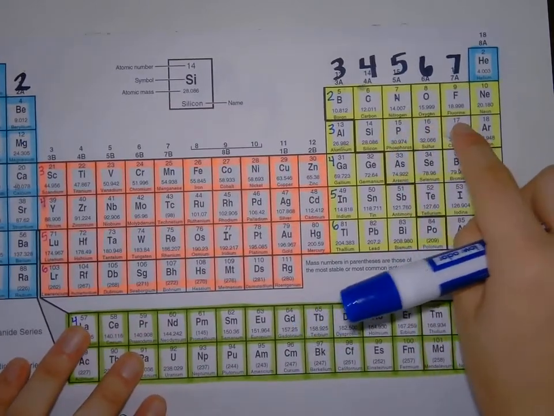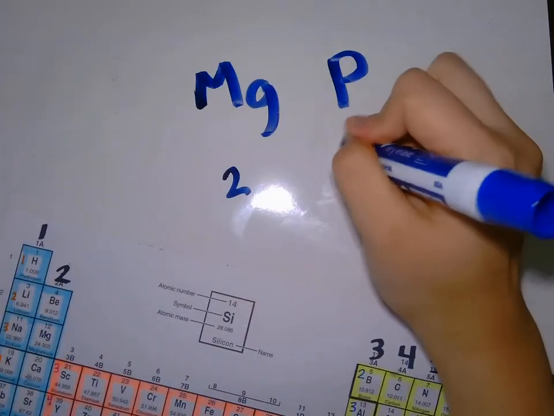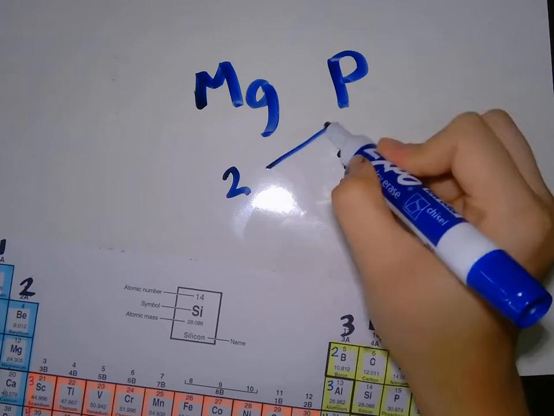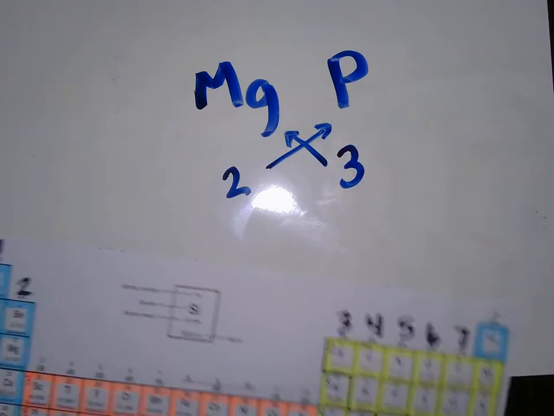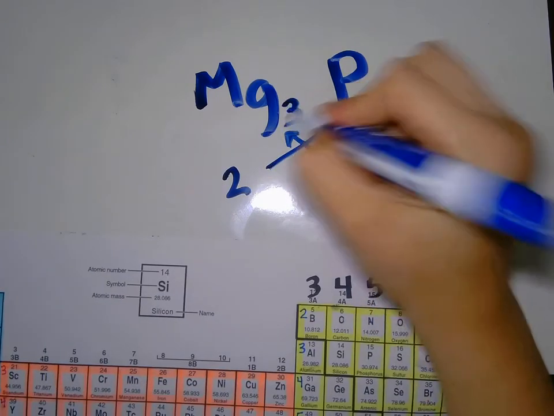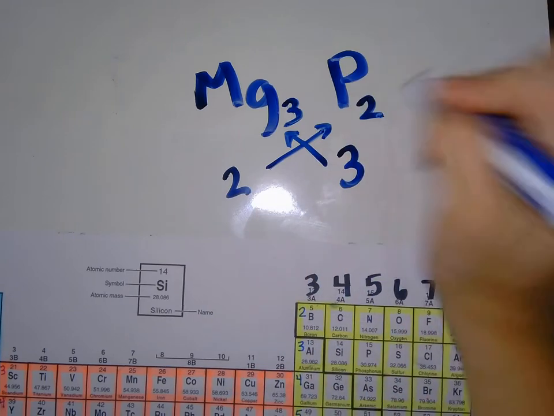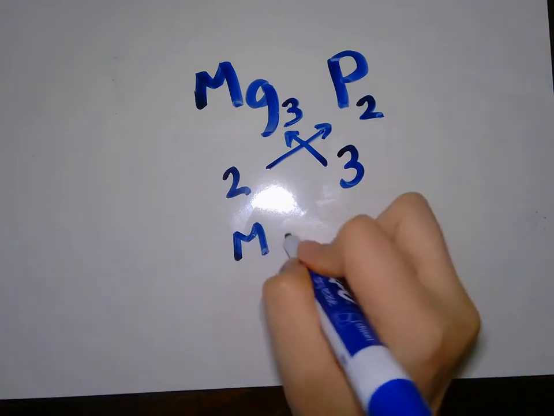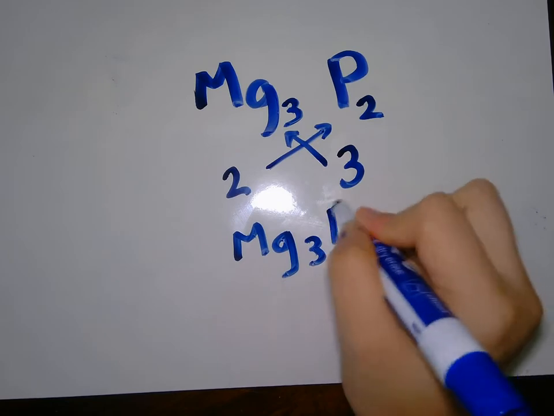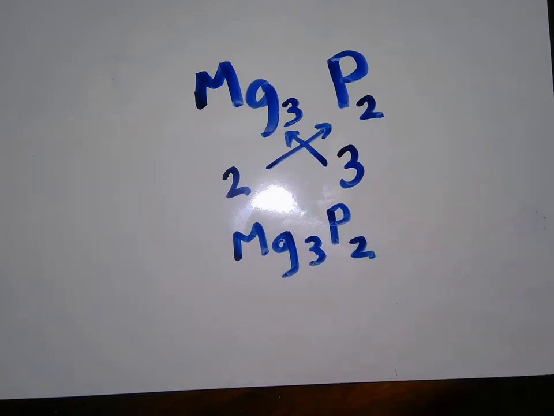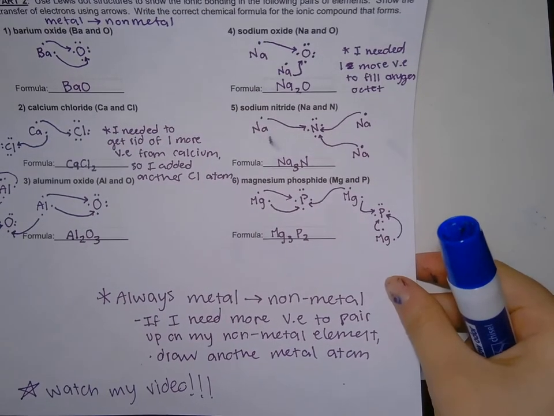Phosphate is 1, 2, 3 spots away from being a noble gas. They are going to switch their electrons that they need. So magnesium is going to end up with 3. Phosphate is going to end up with 2. So my final formula is going to be magnesium 3, phosphate 2, which is what you would have gotten if you would have drawn it out.